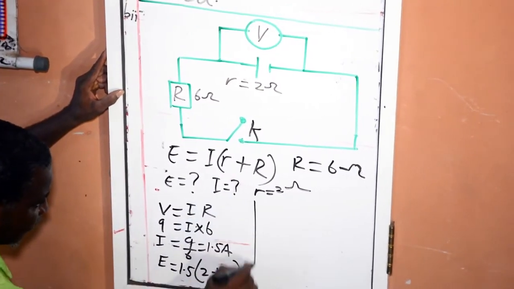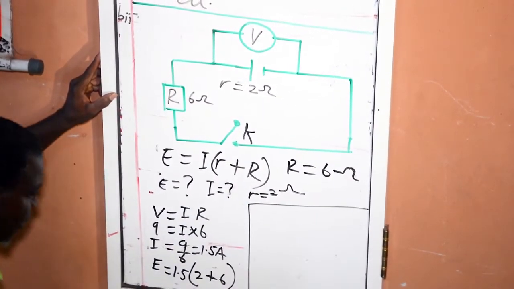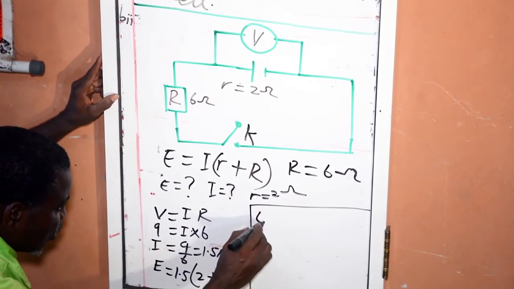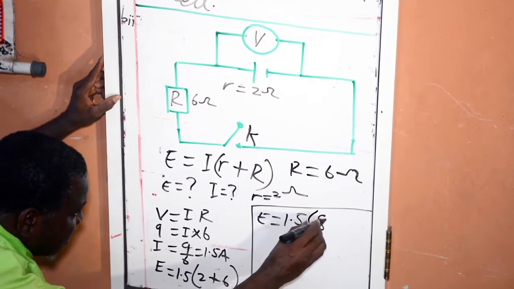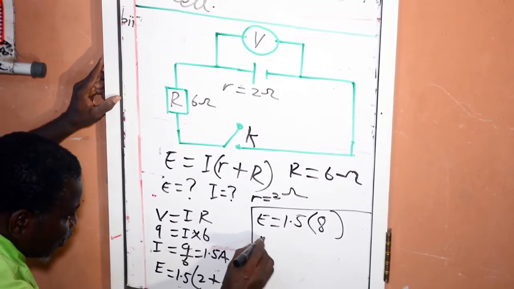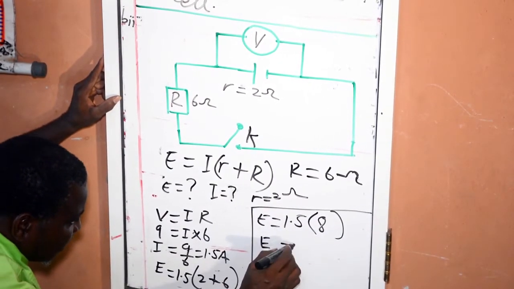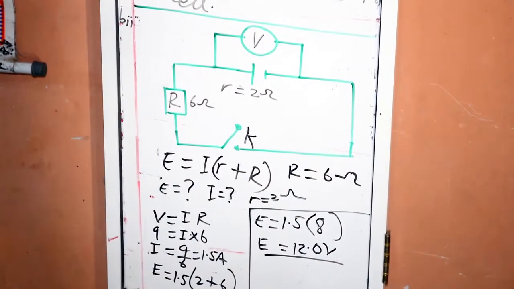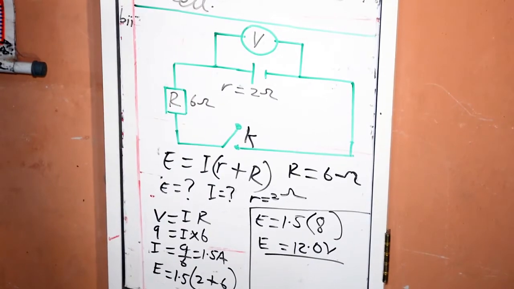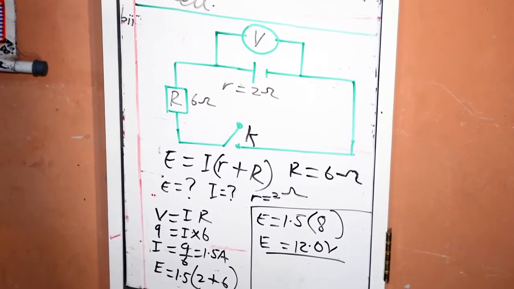That is E is equal to 1.5 times (2 plus 6). 2 plus 6 is 8. So E is equal to 1.5 times 8, which is 12.0 volts. So the electromotive force is equal to 12.0 volts.